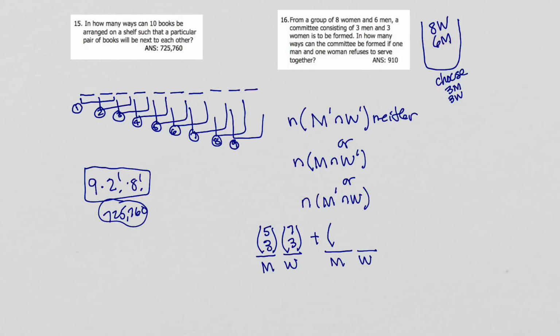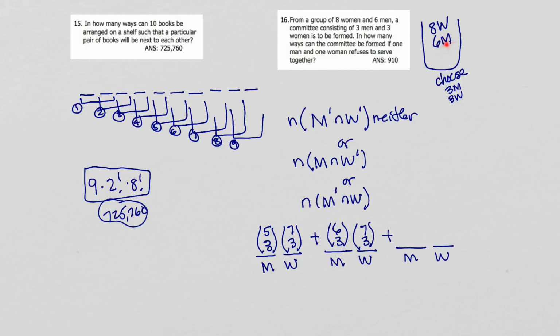So from 6, choose 3, but we don't want this obstinate woman to serve, so from the 8, we'll toss her out. That'll give us 7. We're going to choose 3. Or, let's go this way, a plus, and toss that obstinate man out.